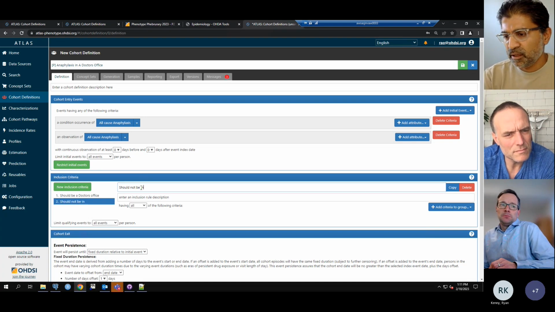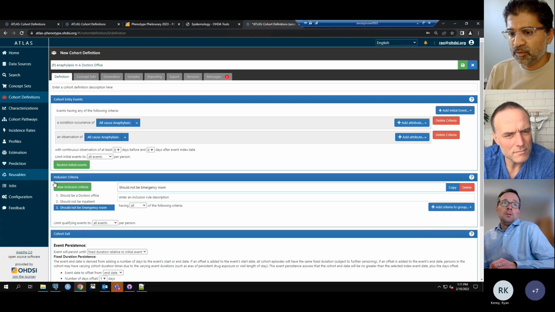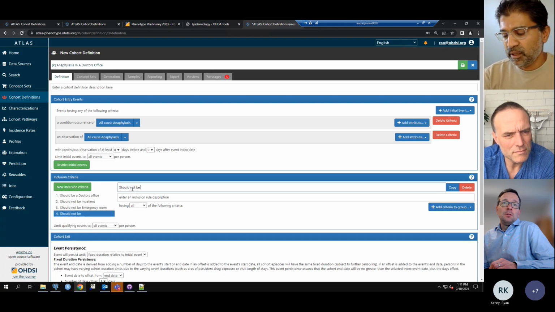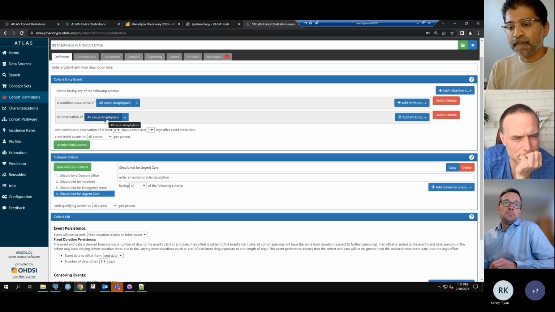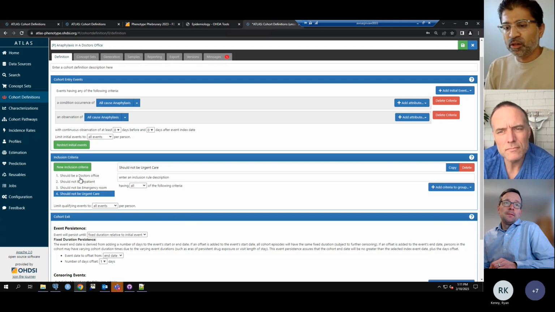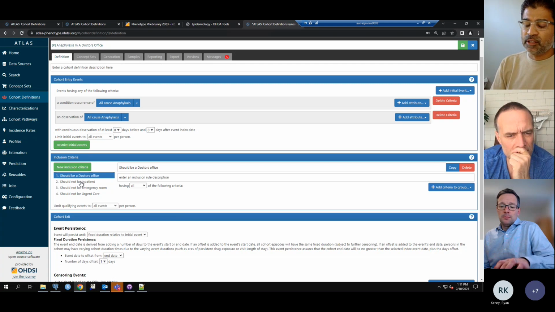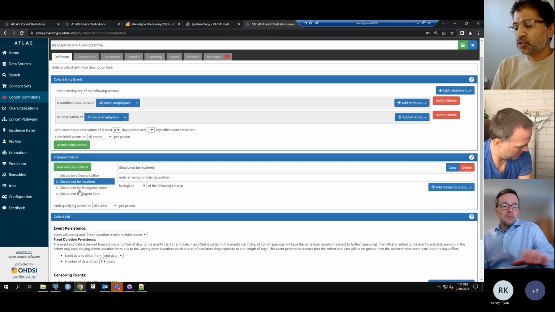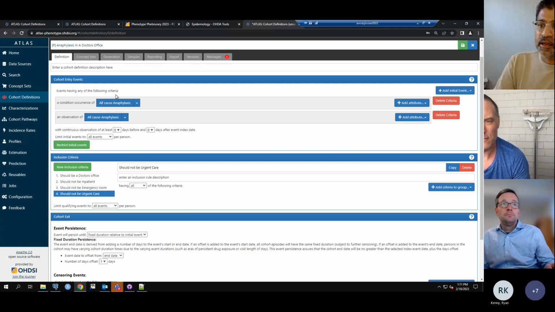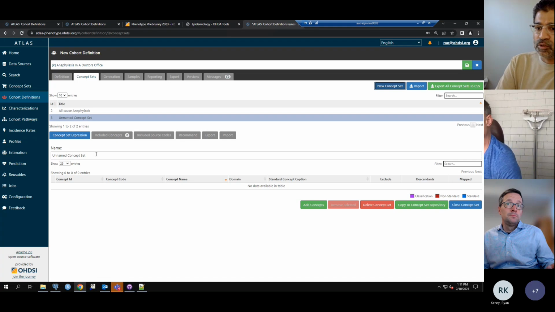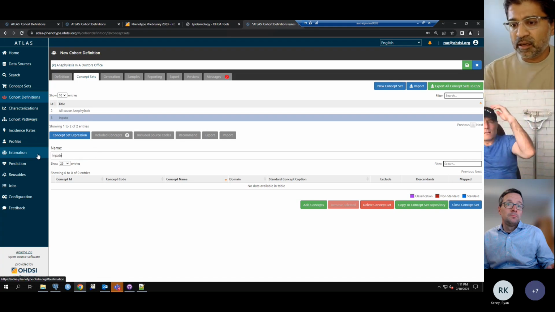Should not be inpatient. Should not be urgent care. So what this will give us is people who have the diagnosis of anaphylaxis, any code. We're anchoring on a code, but they should have a doctor's office visit. It should not be inpatient, it should not be an emergency, and it should not be urgent care.